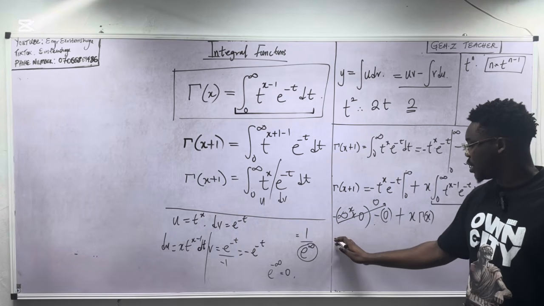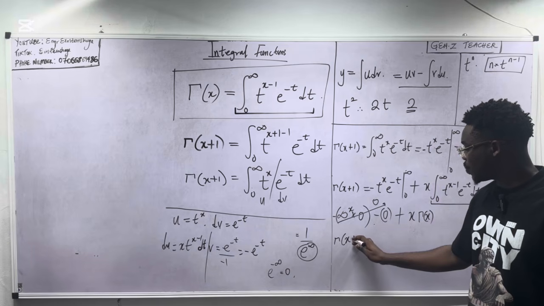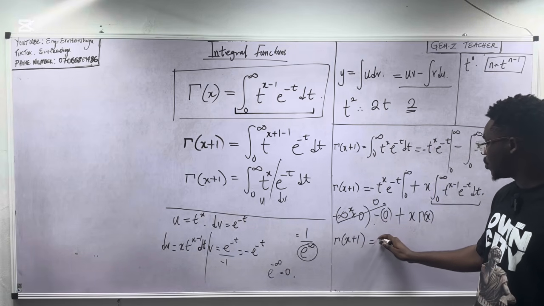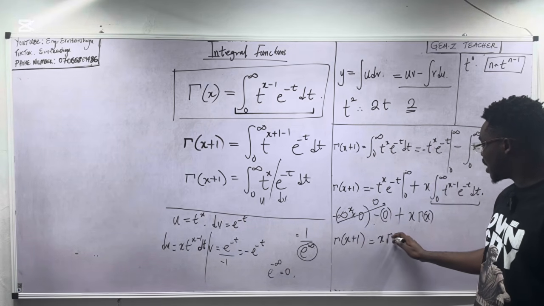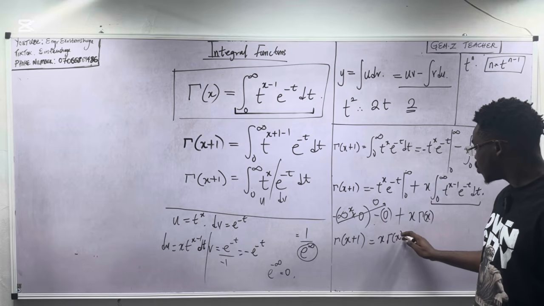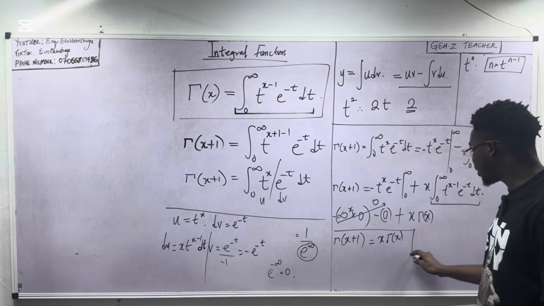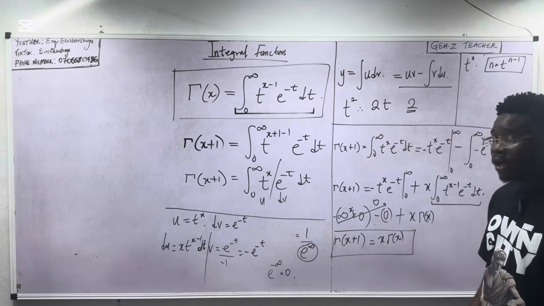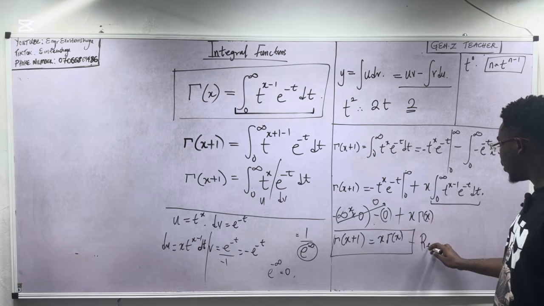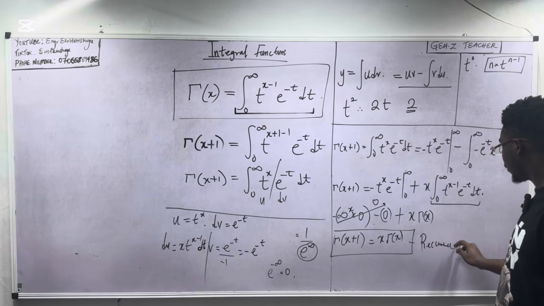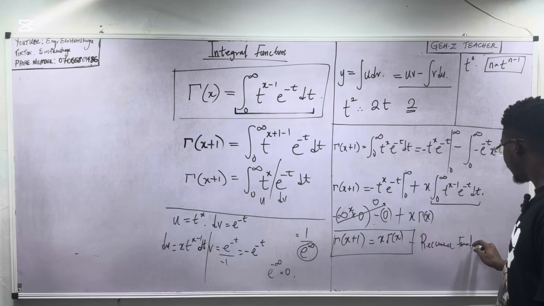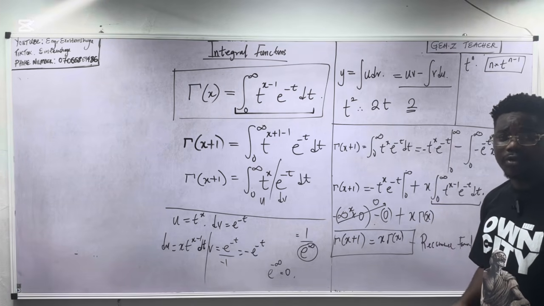So this goes to say that the gamma function of x plus 1 is equal to x times the gamma function of x. This is very, very important on the gamma function, and we call this the recurrence formula of the function.